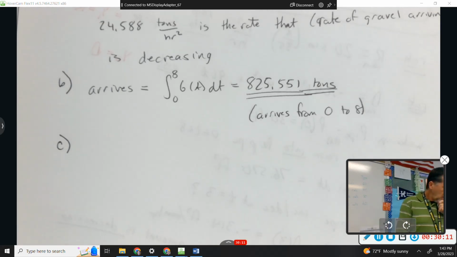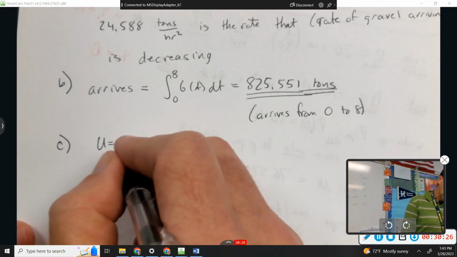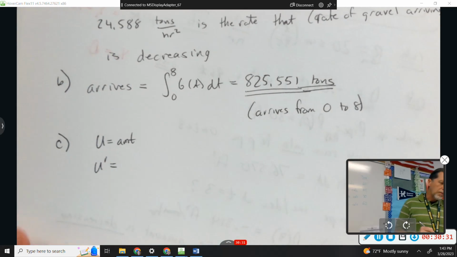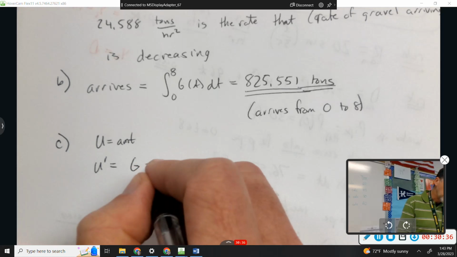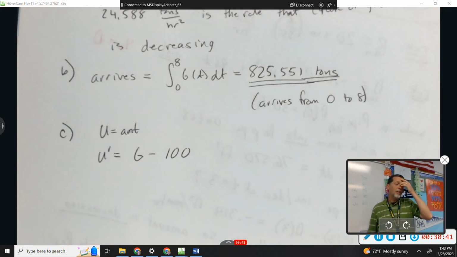Part C: is the amount of unprocessed gravel at the plant increasing or decreasing at t equals 5 hours? Show the work that leads to your answer. So we said U is the amount of unprocessed gravel. And it's just another, like the previous one, R minus D. So U prime is G minus 100, because G is the rate coming in and 100 is the rate going out.